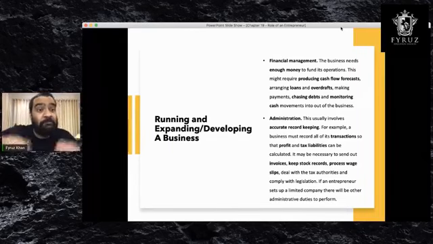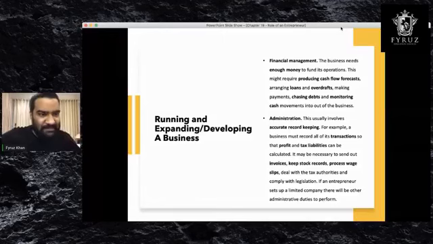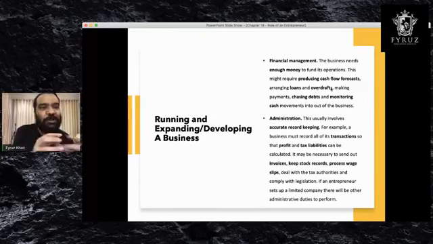You need money to run it because you have to pay bills, you have to pay wages, you have to pay electricity bills, water bill, gas bill, rent. There are so many bills that incur in a business, and you constantly need to monitor them. You constantly need to clear them for you to keep the business running. Otherwise, you will have problems.